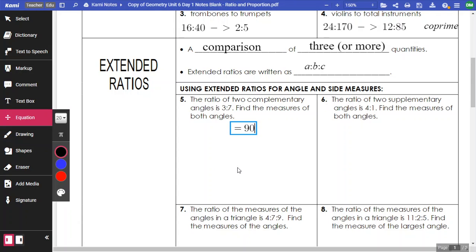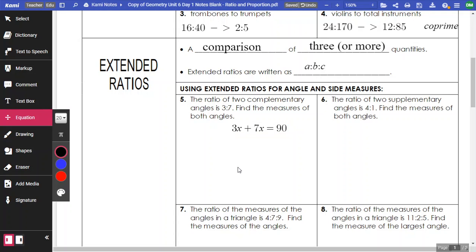So something is going to equal 90. Now, if you think about what we did above, when we were reducing our ratio, we were dividing out the same number. So let's call that number x. So we know that 3 times x plus 7 times x is equal to 90.